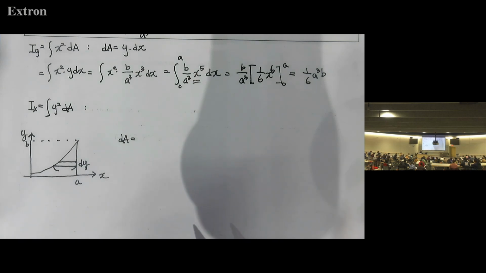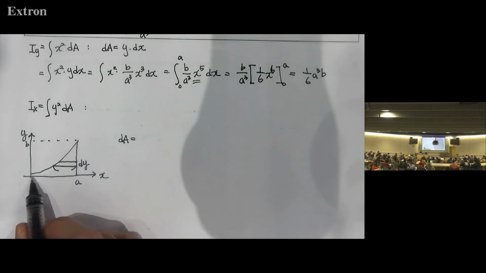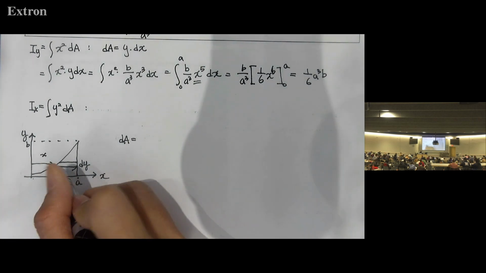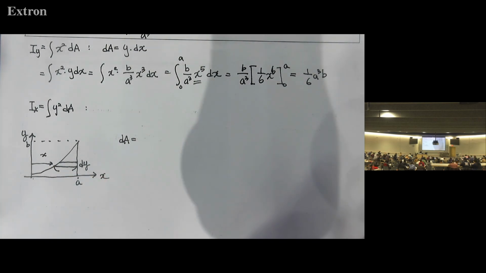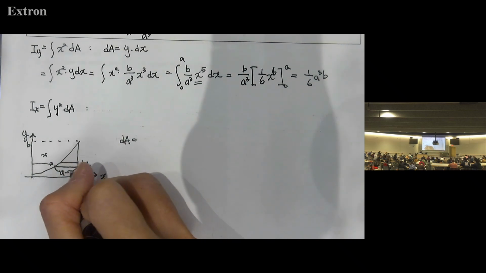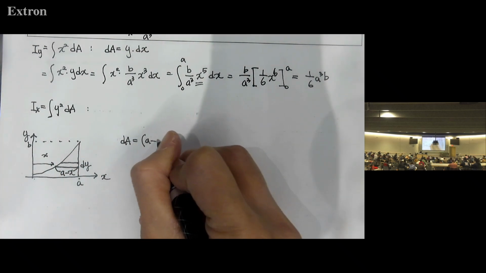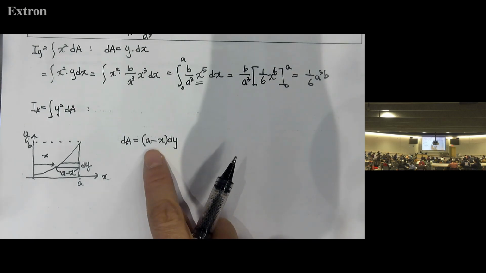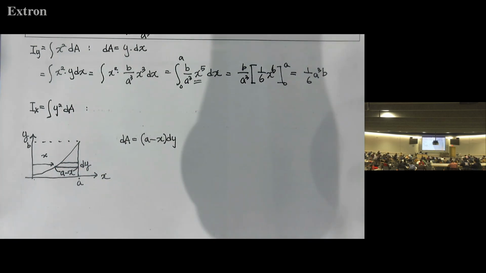What is this base? This is a, and then this is x. So this should be a minus x, right? So a minus x is the base, and dy is the height. So this is the area of this strip, right?